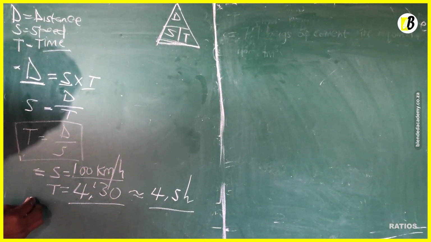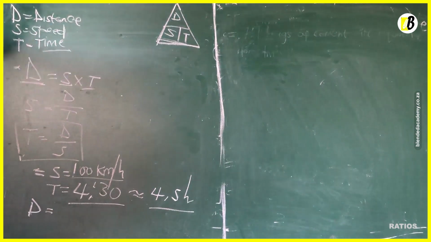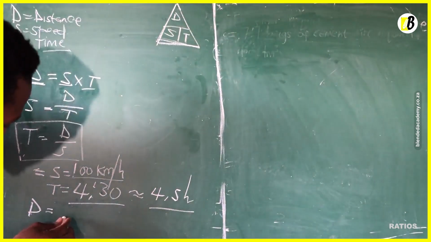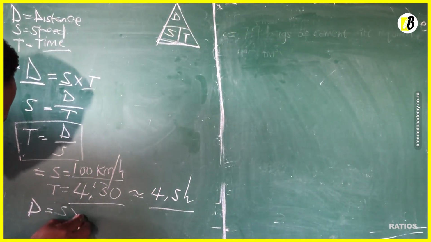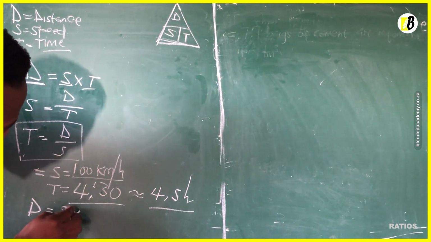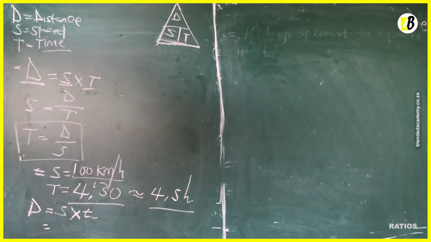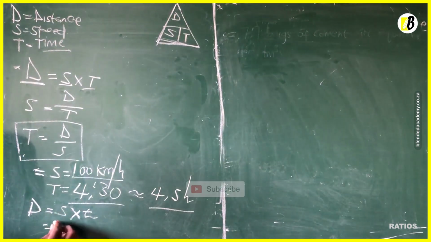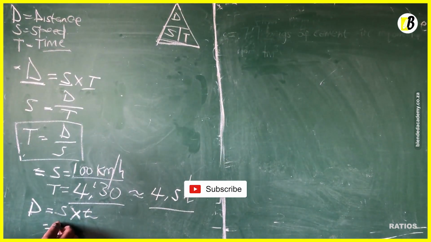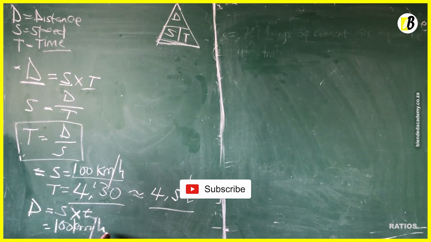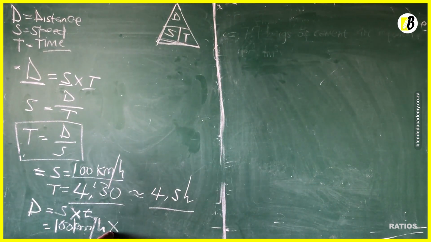What we're going to do is implement the formula. We're going to say distance is equal to speed multiplied by time. Then what is our speed? Our speed is 100 kilometers per hour multiplied by our time, right? Which is 4.5 hours.